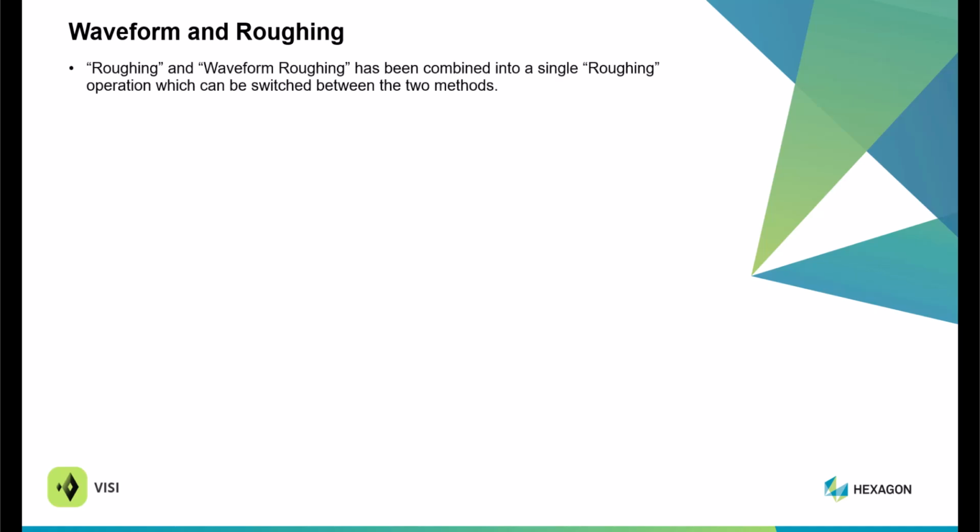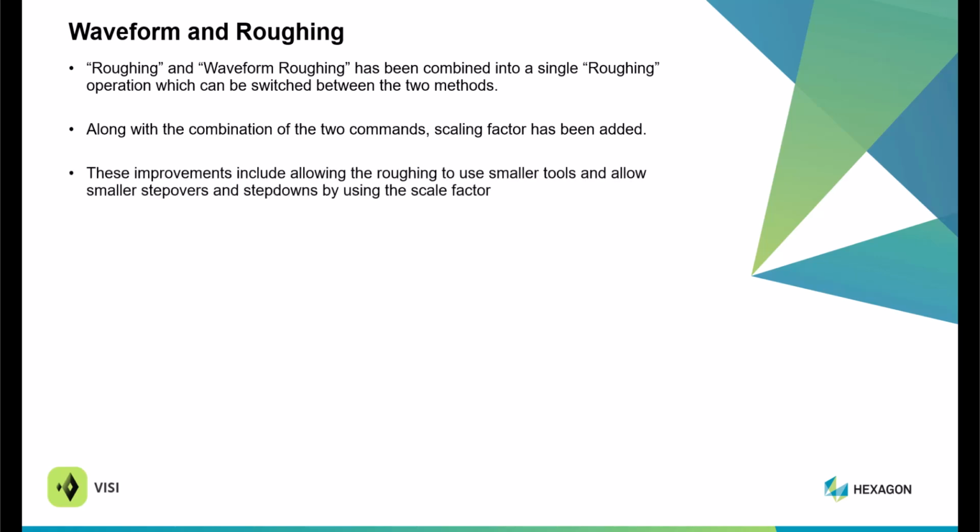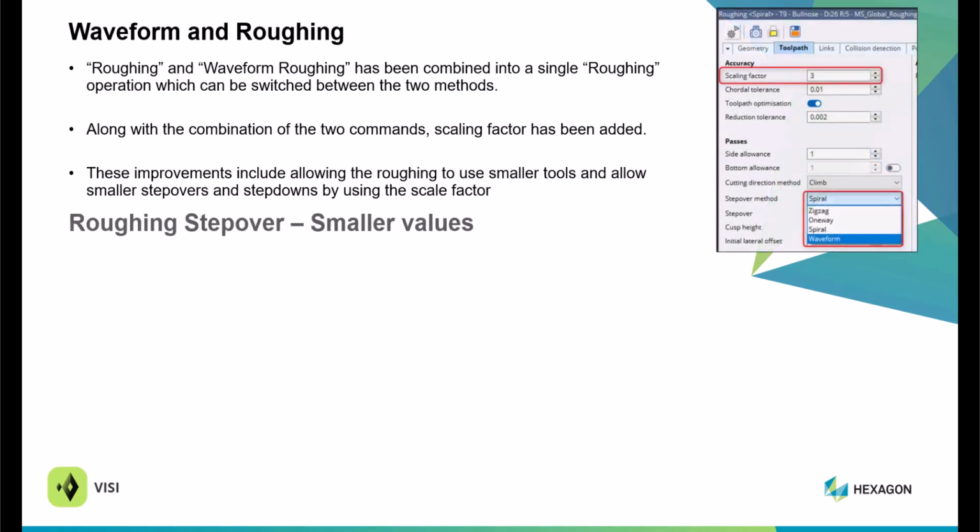Waveform roughing. Roughing and waveform roughing have been combined into just roughing, which can be switched between the two methods. Along with a combination of the two commands, scale factor has been added. These improvements include allowing roughing to use smaller tools to allow smaller step downs and step overs by using the scale factor.